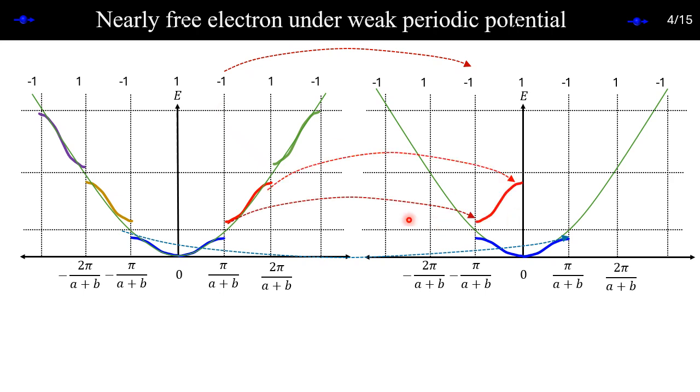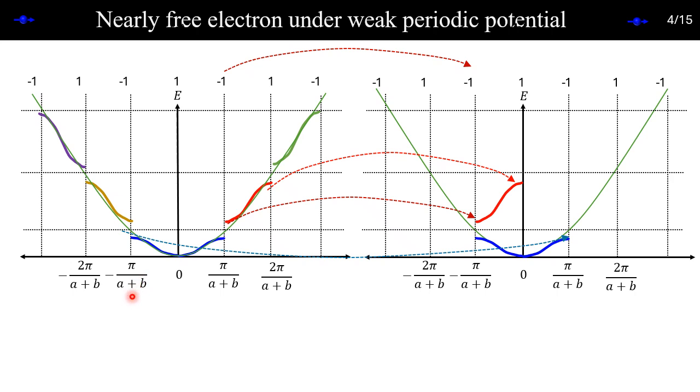This point is taking minus 1. You remember that the cos Ka term came in the Kronig-Penney solution. So this point will be mapped here. What I'm saying is that pi divided by (a plus b) is the same as minus pi divided by (a plus b). Do you agree or not?